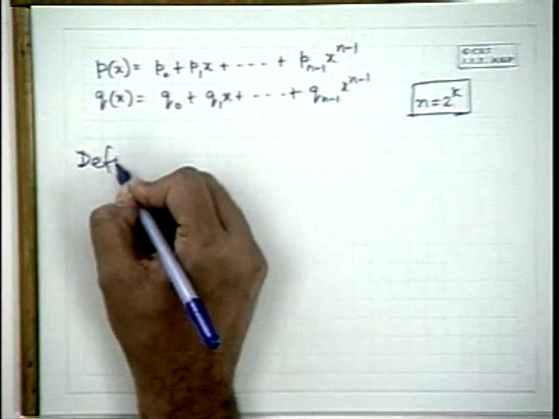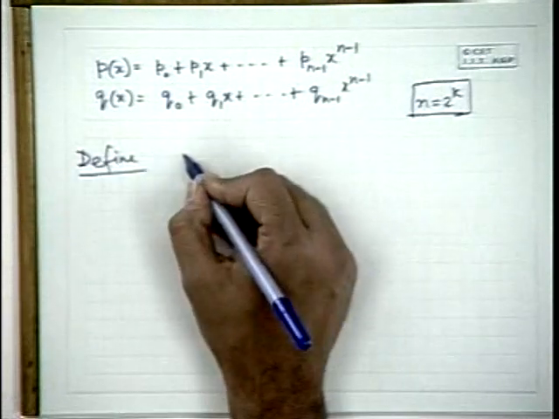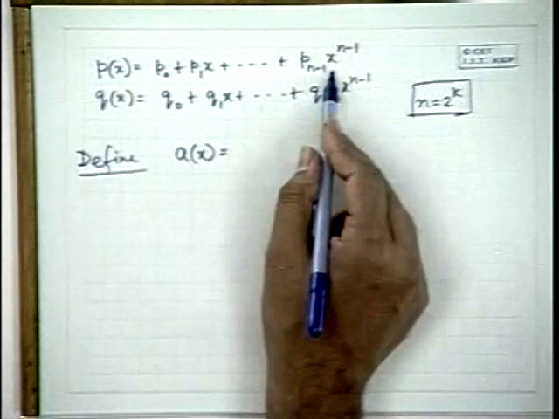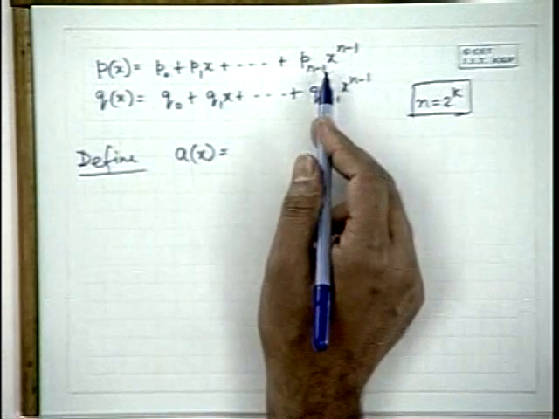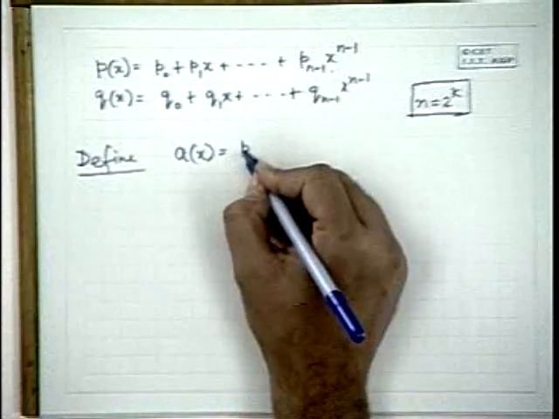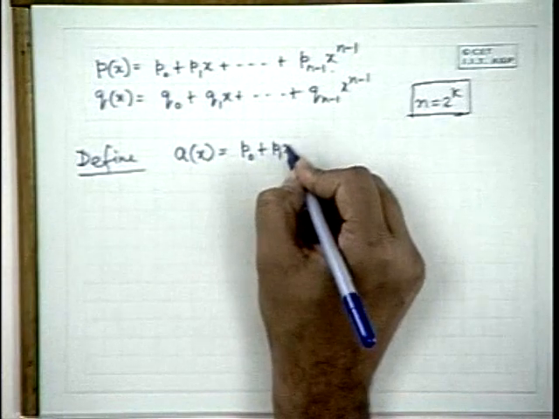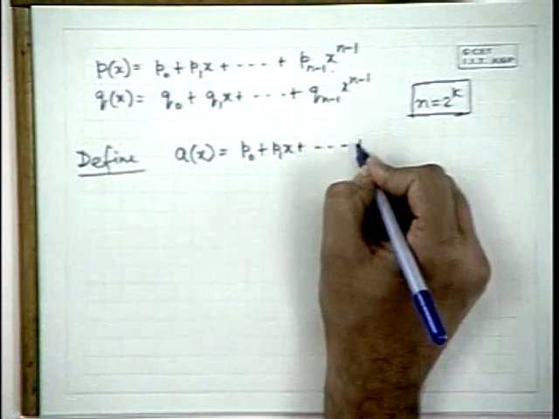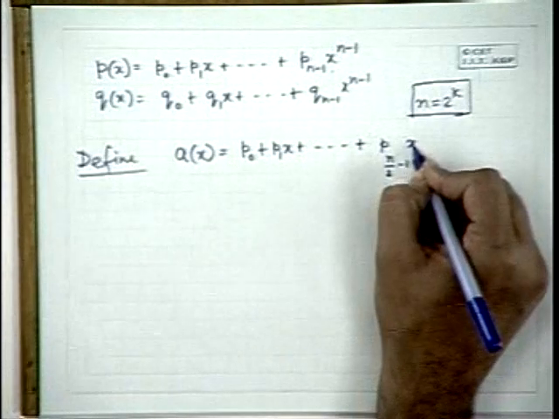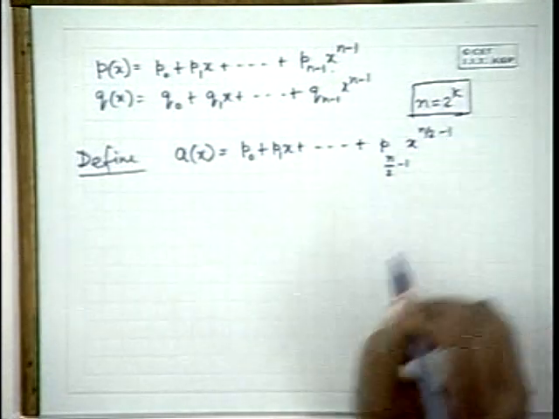Now I am defining something. We will be splitting this polynomial into 2 parts, because the divide and conquer strategy requires you to split the problem into 2 equal parts. That is what we will be doing. First we will split this polynomial into 2 parts. Ax is equal to p0 plus p1x up to p n over 2 minus 1 x to the power n over 2 minus 1.